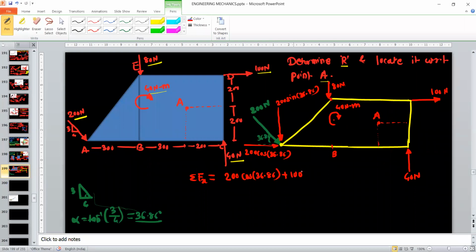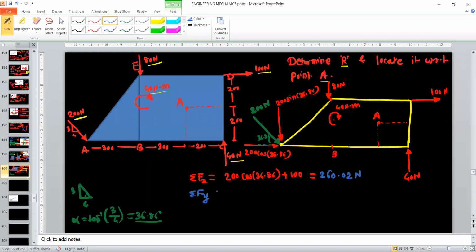Only 2 forces, so find this value. It is 260.02 Newton.